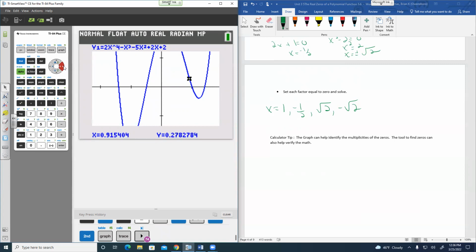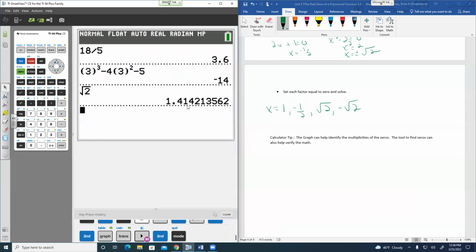There he comes. Notice that that's really close to 1, so I'm really feeling good about that one. And my third zero is right at 1.42, I think that's what we said. If I quit out of that, it's 1.4 as well. So yeah, we've got the zeros there.